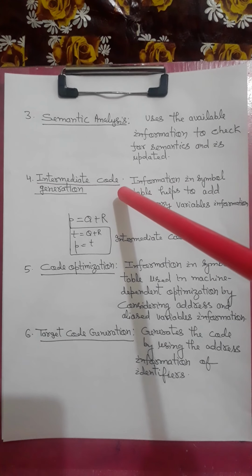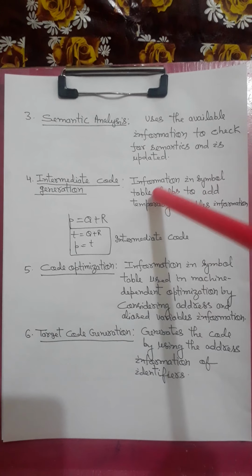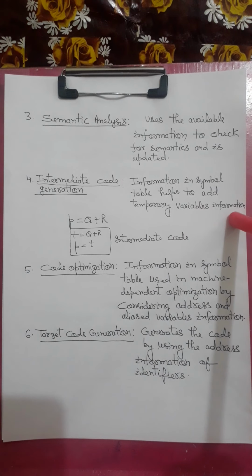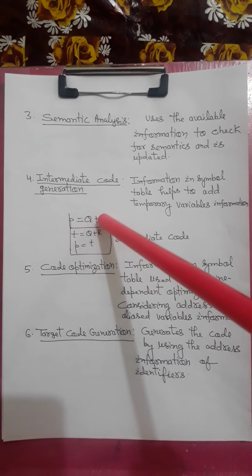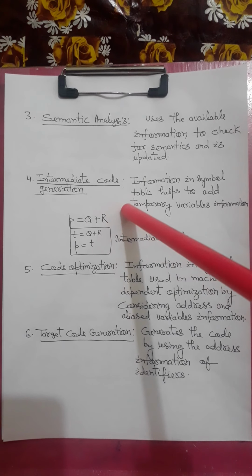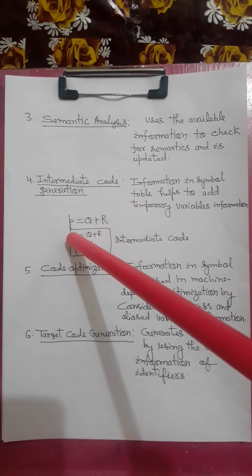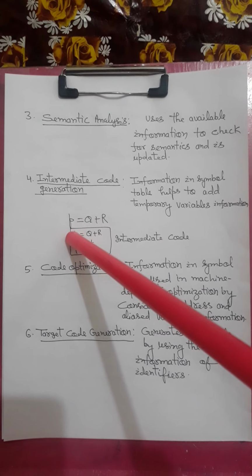The next one is called intermediate code generation. Information in the symbol table helps to add temporary variable information. In this case, suppose there is an expression p = q + r. If we want to generate the intermediate code for this expression, then we will use a temporary variable t. Now the question is, what is the type of this t?